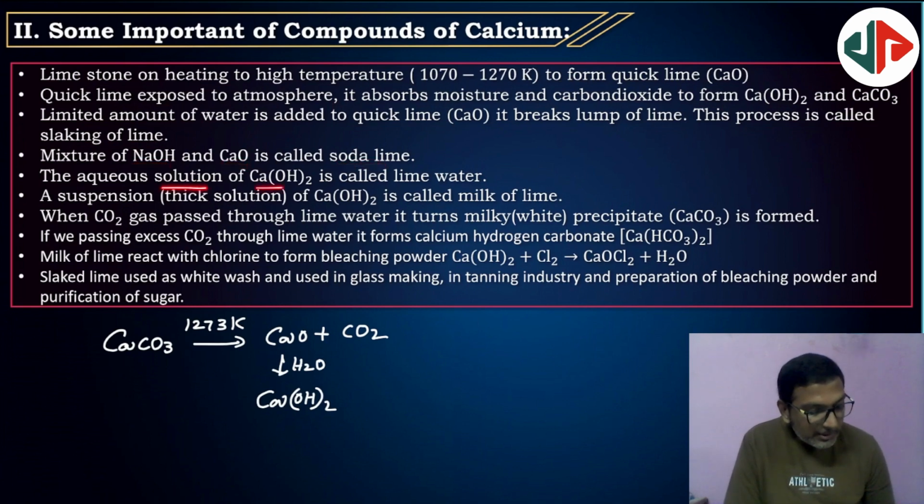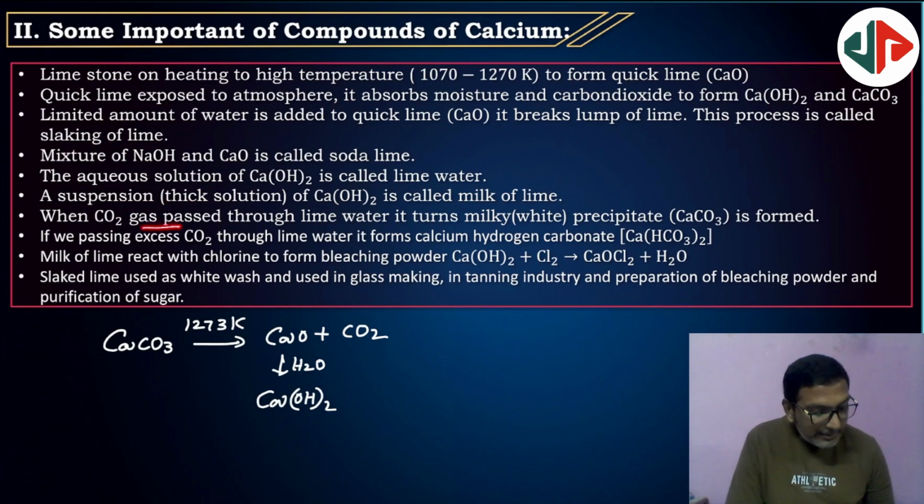Next, aqueous solution of Ca(OH)2 is lime water. It is used for whitewashing or detection of CO2. Next, suspension of, that means thick solution of Ca(OH)2, is milk of lime. Aqueous solution is lime water, but a thick solution is milk of lime.